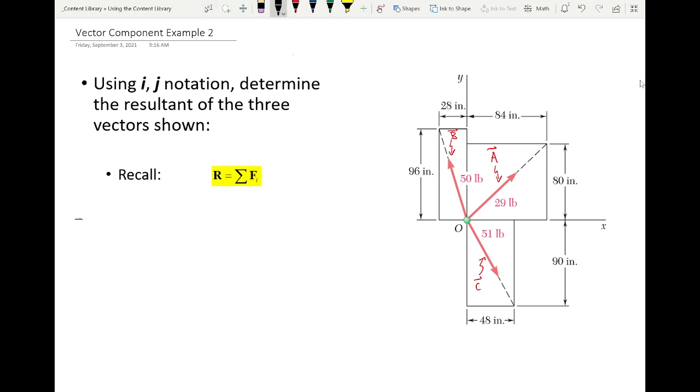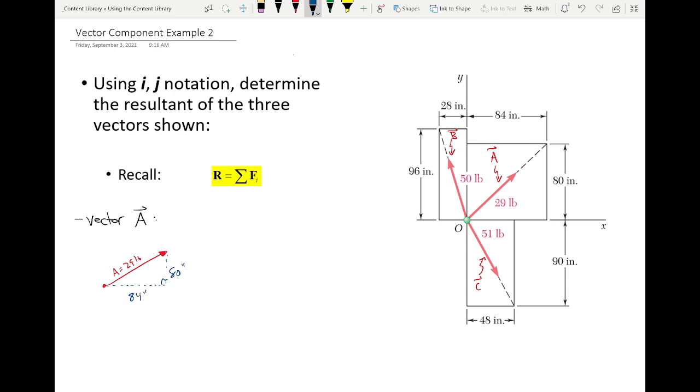So let's start off with vector A. We know the magnitude of A is 29 pounds, and A fits in this box where this side is 80 inches and this side is 84 inches.